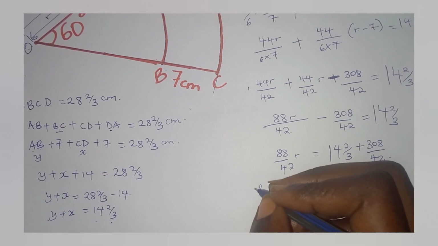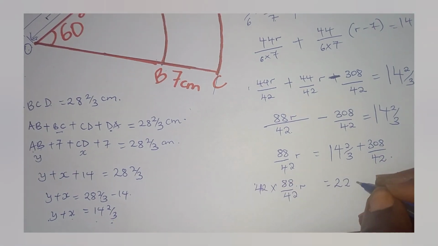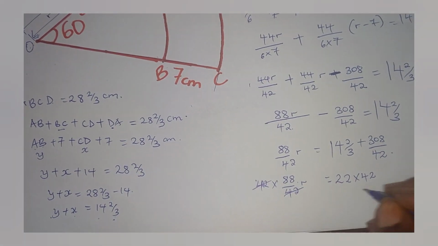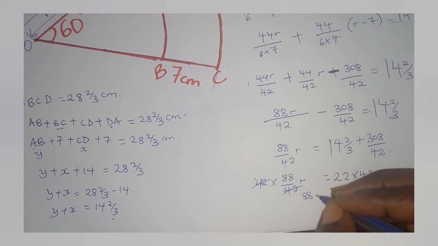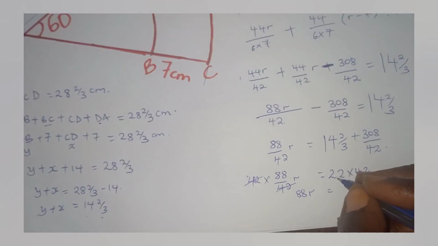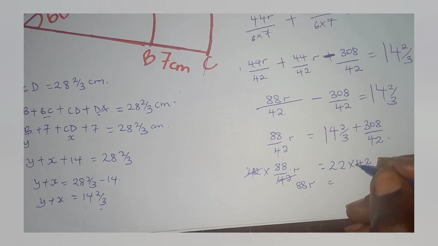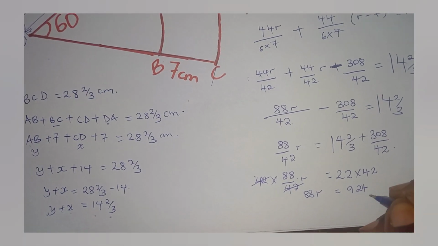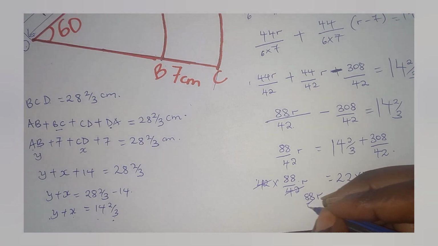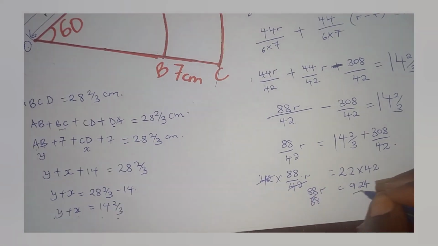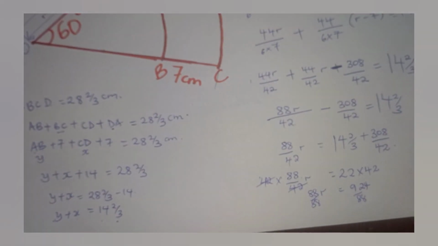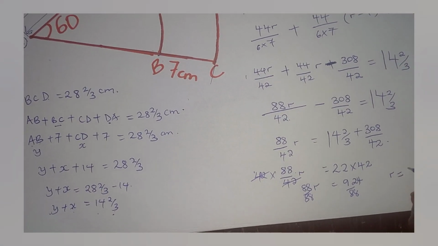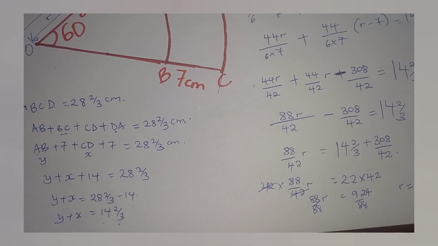Multiply both sides by 42. Then 88r is equal to 924. You divide both sides by 88. When you divide both sides by 88, you'll get the value of r to be 10.5.